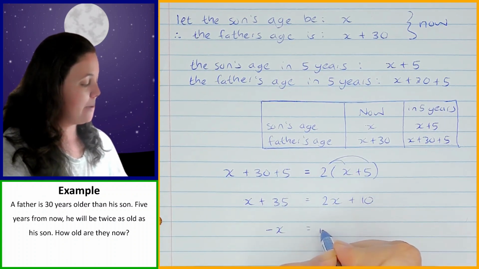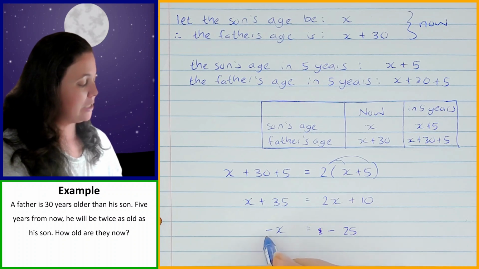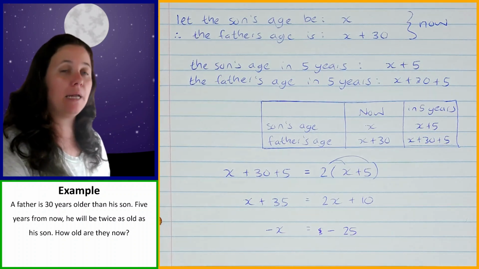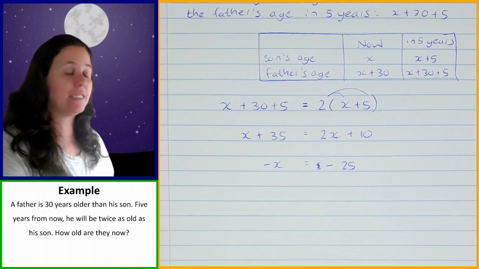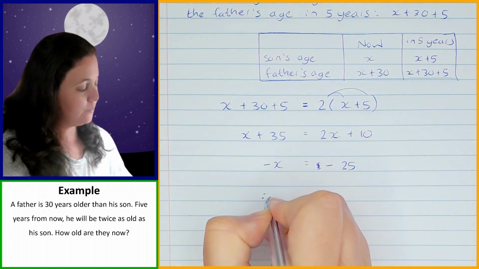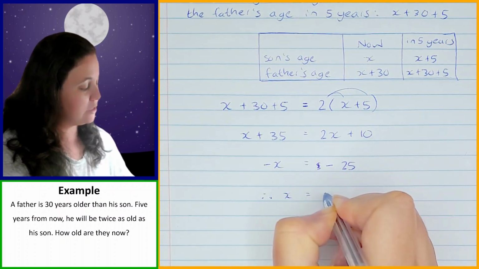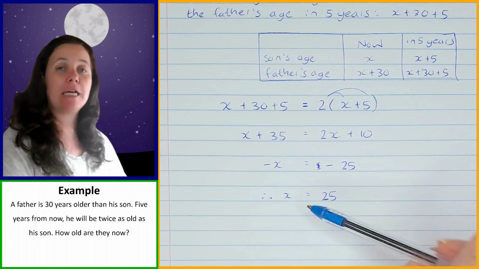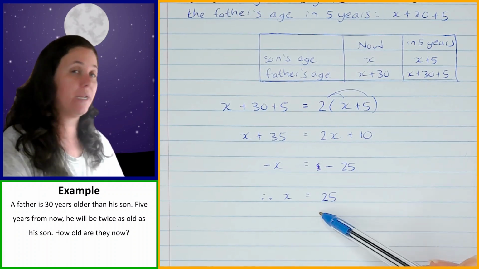So I have 10 minus 35 gives me negative 25. Sorry about that. And then I'm going to go and divide by negative 1 on both sides to get just x. So therefore, x is equal to positive 25. Okay, so now I've solved my equation and I've worked out what x is.